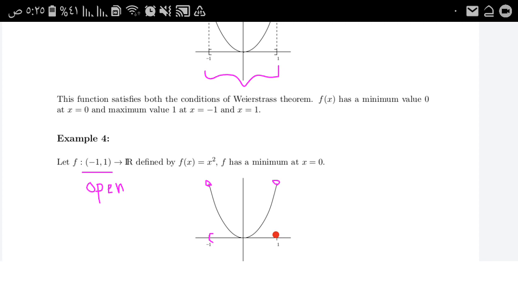So in example 3, you have maximum, but in example 4, you don't have maximum. Okay, if you understand, please type 1.